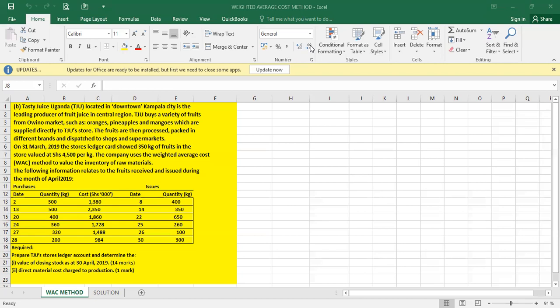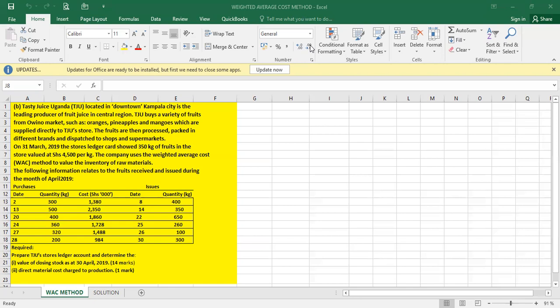TJU buys a variety of fruits from Owino Market, such as oranges, pineapples, and mangoes, which are supplied directly to TJU's store. The fruits are then processed, packed in different brands and dispatched to shops and supermarkets.